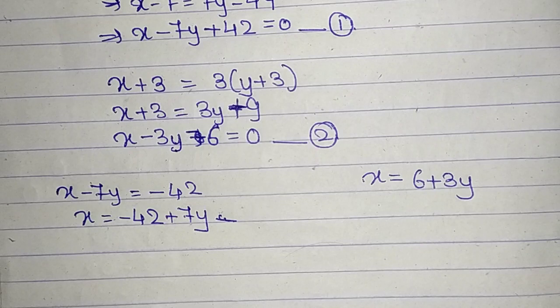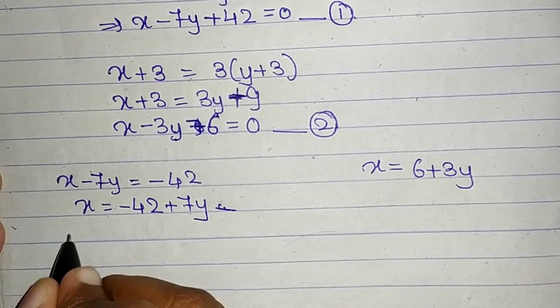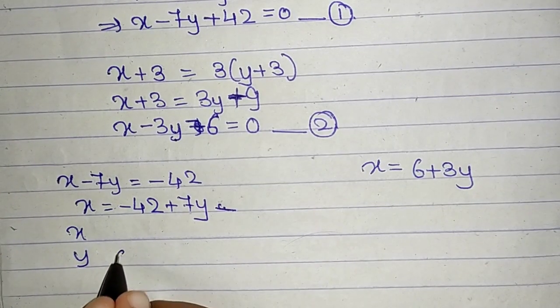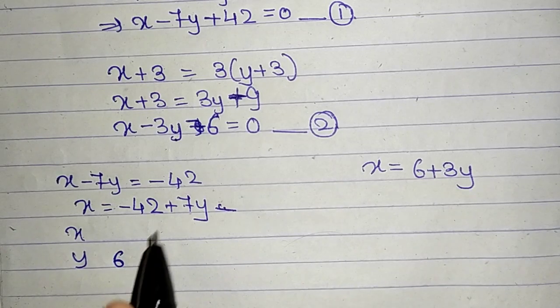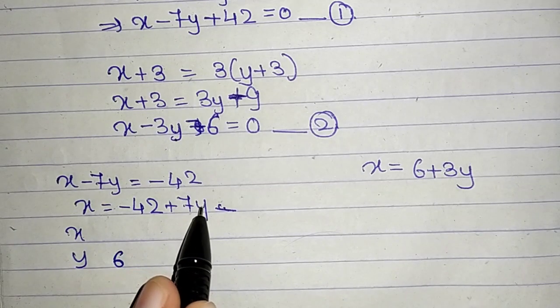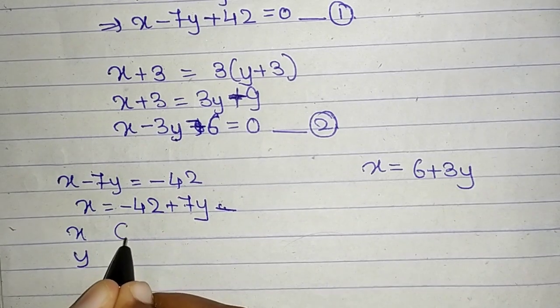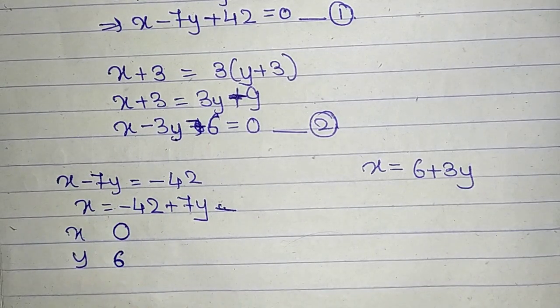So now let us determine the points. x, y: when y is equal to 6, 7 6s are 42. 42 minus 42, you will get x is equal to 0.